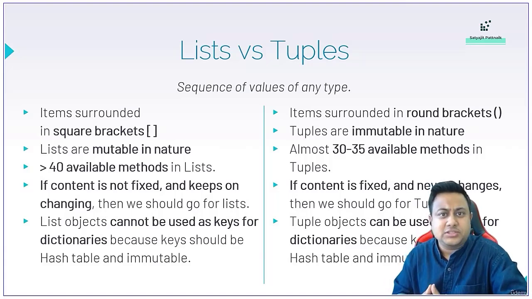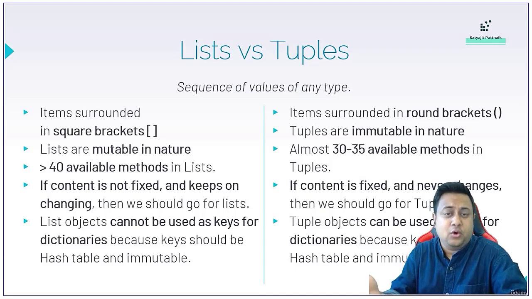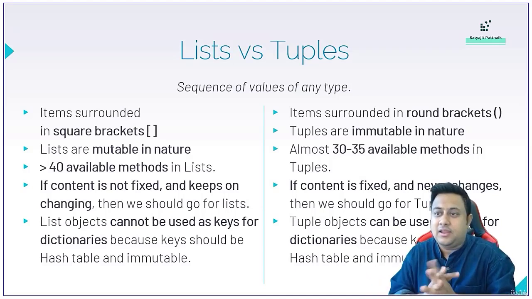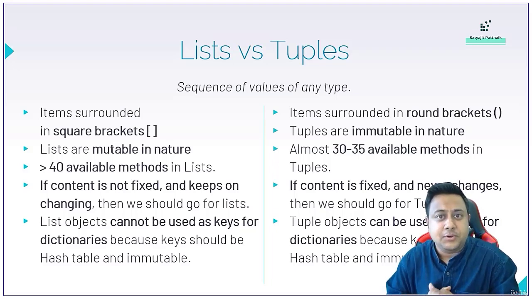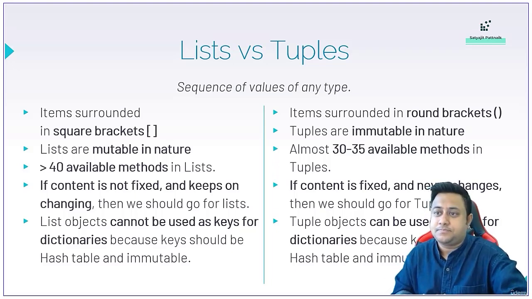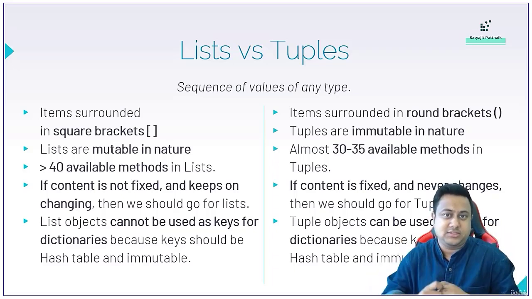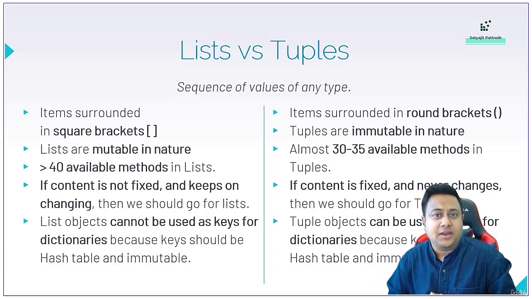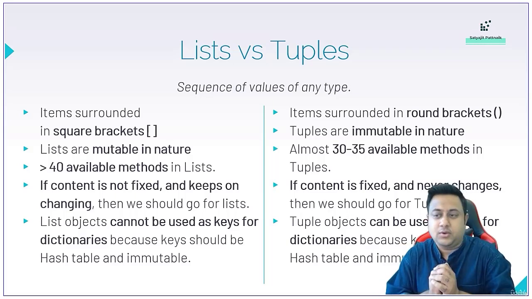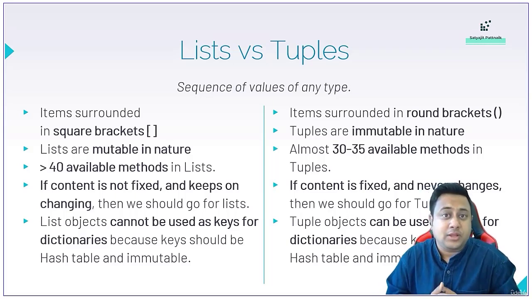So just a repetition, in case you have already gone through this, you can skip it to the practicals part directly. The first difference between lists and tuples is lists are always defined in square brackets and tuples are defined in round brackets. Lists are mutable in nature.